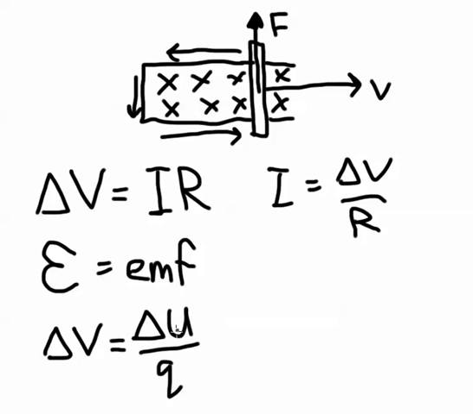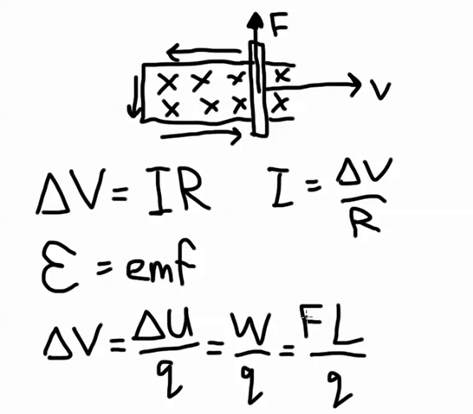And in this case, that energy change is due to the work done by that magnetic force, and the work is equal to the magnetic force times the length of the bar. So L is the length of the bar.